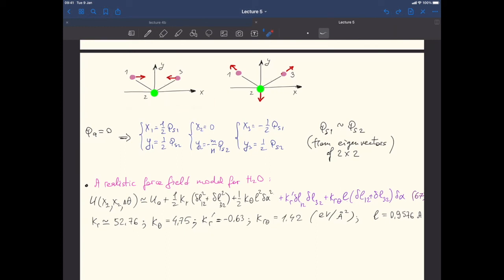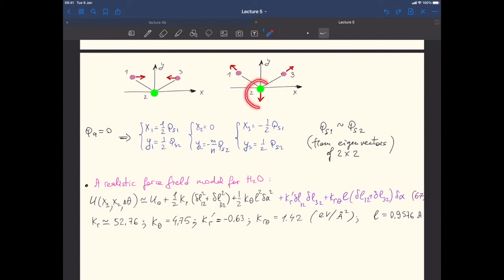And this is what we will find. You will find that one vibrational mode, one normal mode, corresponds to these hydrogen atoms moving in or out synchronously, and the oxygen is not moving. And another mode in which hydrogen atoms move synchronously away from the oxygen or to the oxygen atom.